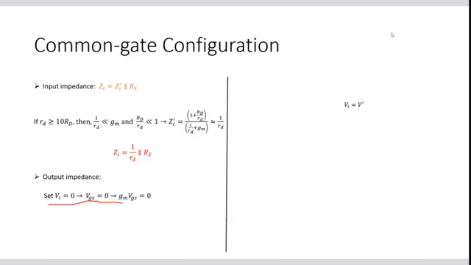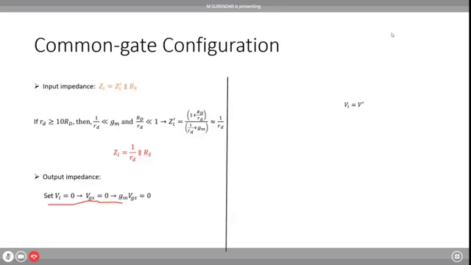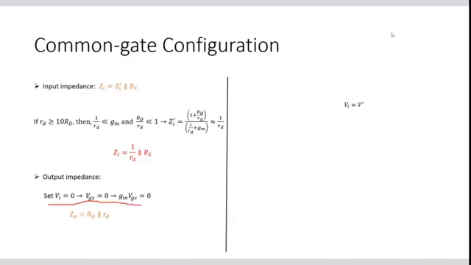On seeing that network, we can directly say that Zo, the output impedance, is capital RD parallel with small rd. You just check that circuit and apply the required conditions, and you can easily find the output impedance.